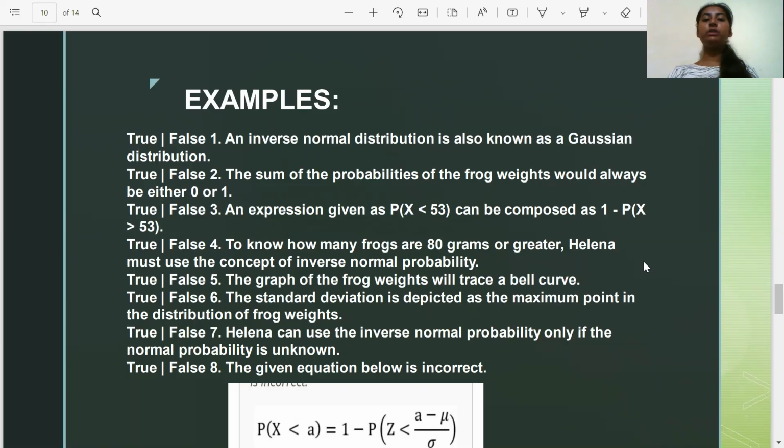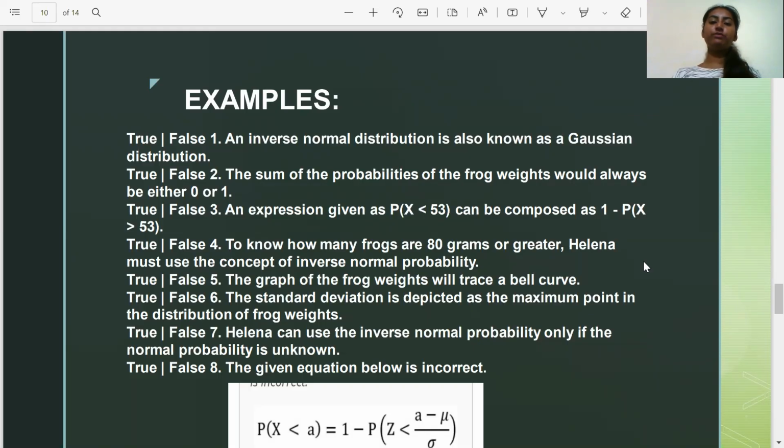An expression given as P of x less than 53 can be composed as 1 minus P of x greater than 53.